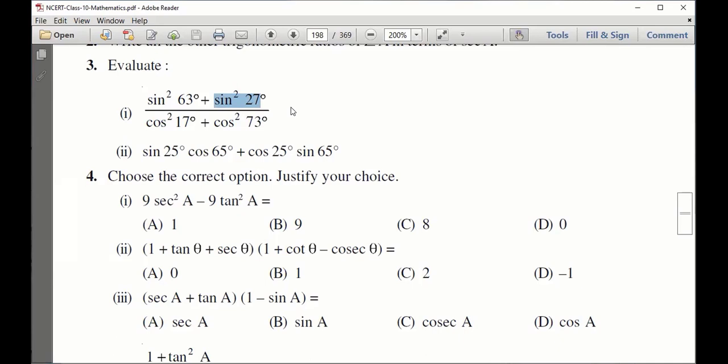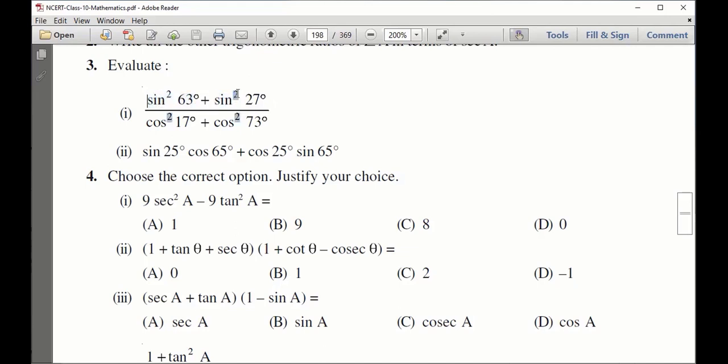Yes, sir. So sine square 27 becomes cos square 63. Then sine square a plus cos square a is equal to 1. That is the first identity, sine square theta plus cos square theta. Very, very important identity. Theta can be anything. Yes, sir. So the numerator becomes 1.